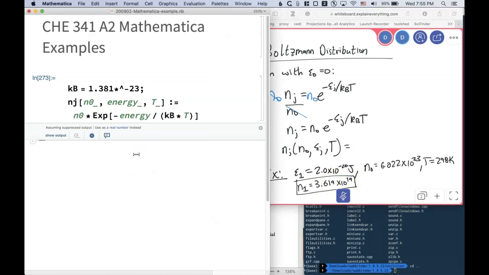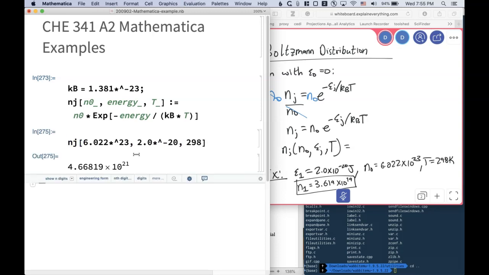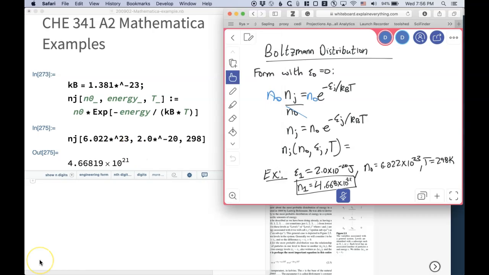So I'll try that out here: nj as a function of 6.022 times, and then caret 23. Energy is 2.0 times 10 to the minus 20, and t is 298. And let's just check that that gives us the right answer. I actually copied that down from the book wrong. It's 4.668 times 10 to the 21, and that does match when I actually grab the right number from our book.